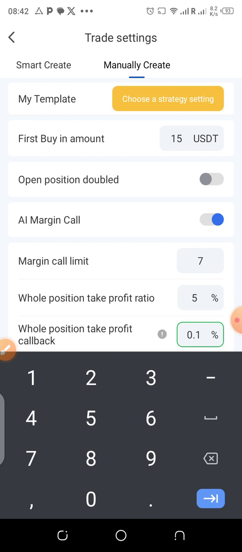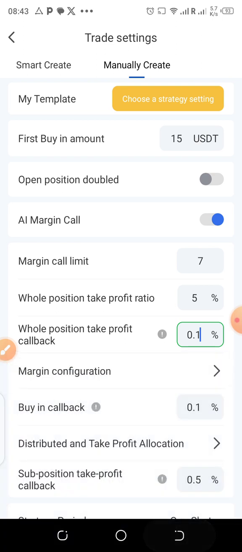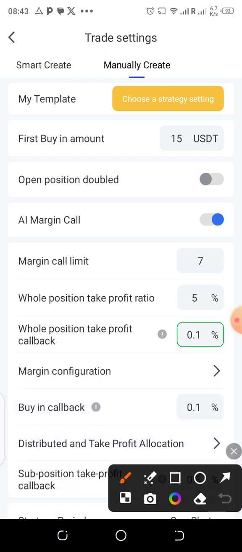But the default setting of RoyalQ is 0.3. So let me put it at 0.1. The whole position take profit callback. So what does this mean?